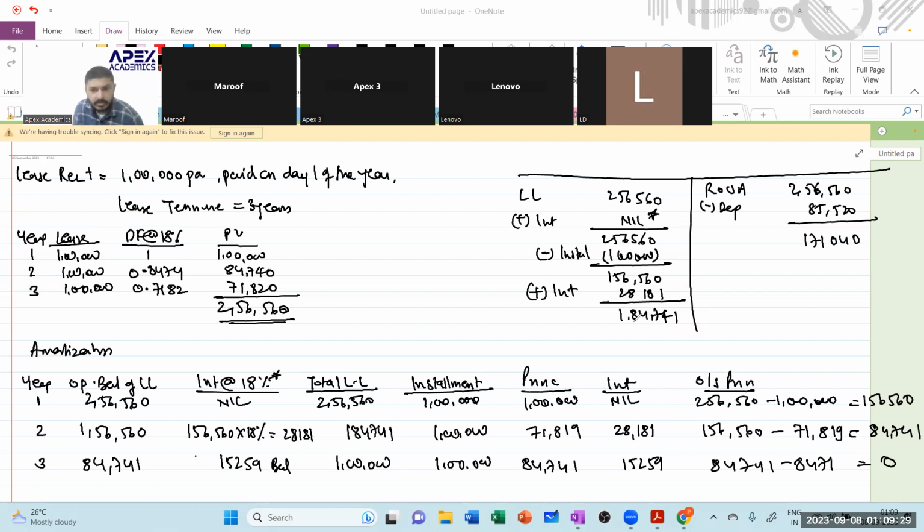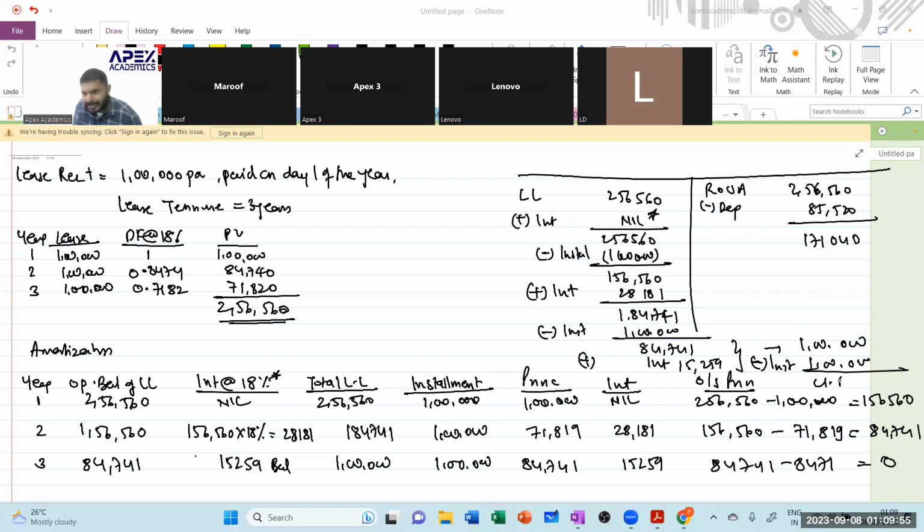Correct? Okay. Now, this was 84,741 plus interest 15,259. How much will this become? 100,000. Minus installment 100,000. What is the closing balance?